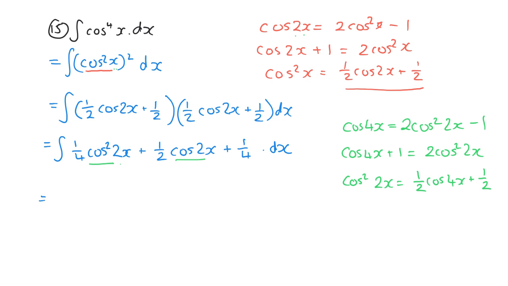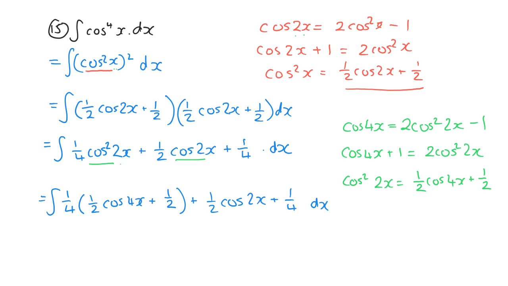And we haven't even got to integrating yet. So that's a quarter upon a half cos 4x plus a half. And then the rest of it stays the same. I'm going to multiply out the bracket then.